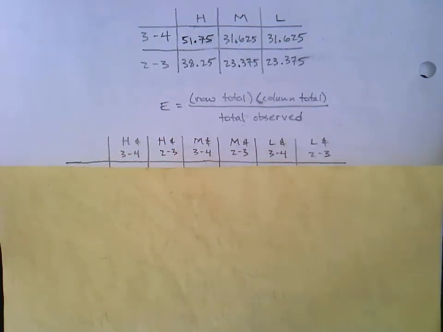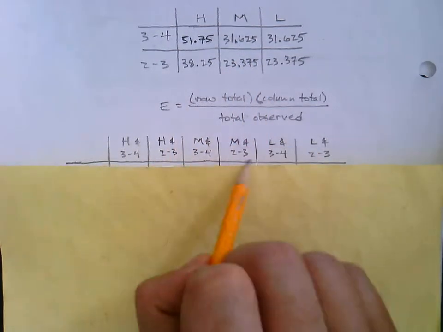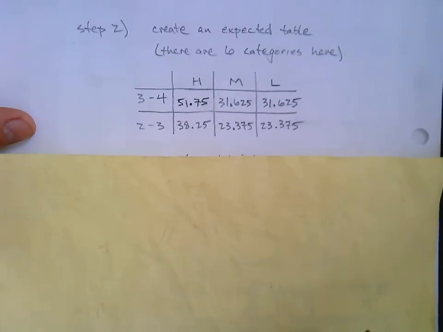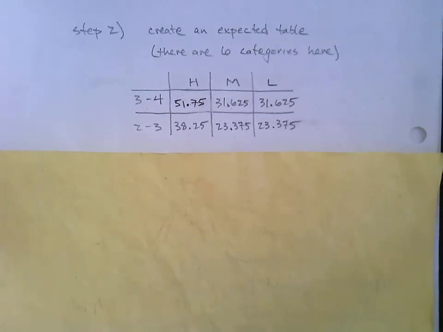Now, when we begin our big table, you're like, oh my gosh, there's 2 tables happening here. Yep, so we got the expected table, and then we go to our big table to calculate and then finally add them up. When you create your big table, you'll have to think, how many categories are there?